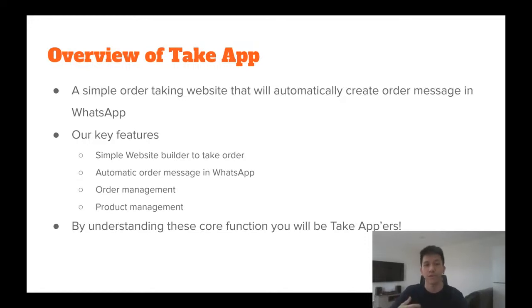Most users don't know about this, but to clarify, we generate the orders from the website to WhatsApp. Our key features are the simple website, the storefront that you probably have tried to build, and then the automatic order creation in WhatsApp.